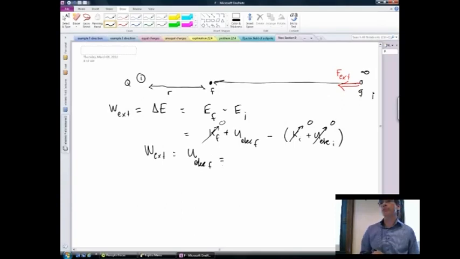And we know how much that potential energy is: kQq divided by whatever distance r I leave the little q particle away from the big Q. So another way to look at the potential energy is that it's exactly equal to the work that an external force would have to do to get that system of two particles close to each other.